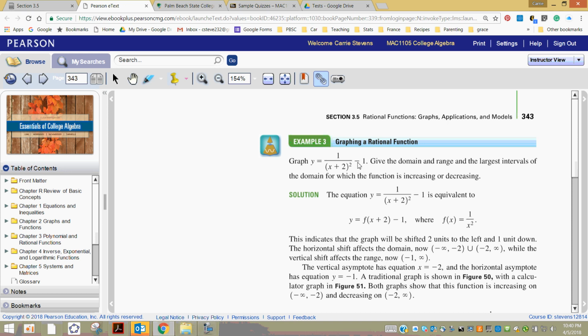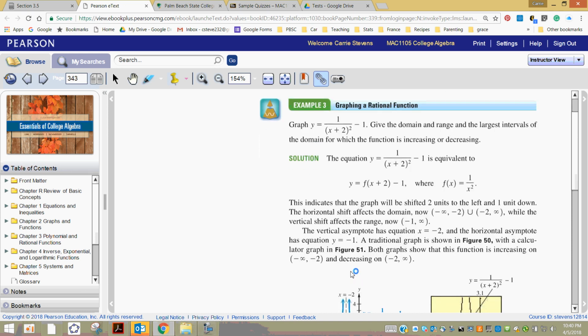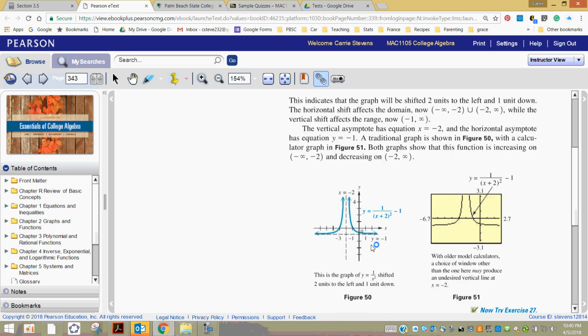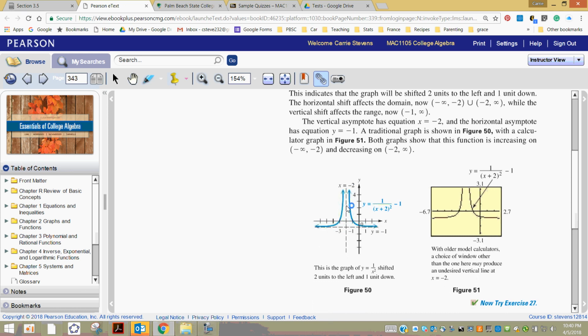So this is actually going to go down. It moves the same direction as the sign by 1 unit. So we're going to see that the horizontal asymptote will drop down, the vertical asymptote will shift to the left 2 units. So let's look at the graph. There you see the asymptote shifted over to -2, and the horizontal asymptote dropped down to -1.